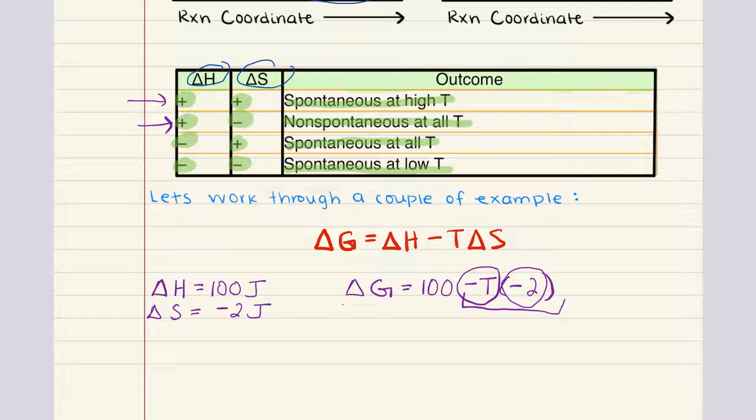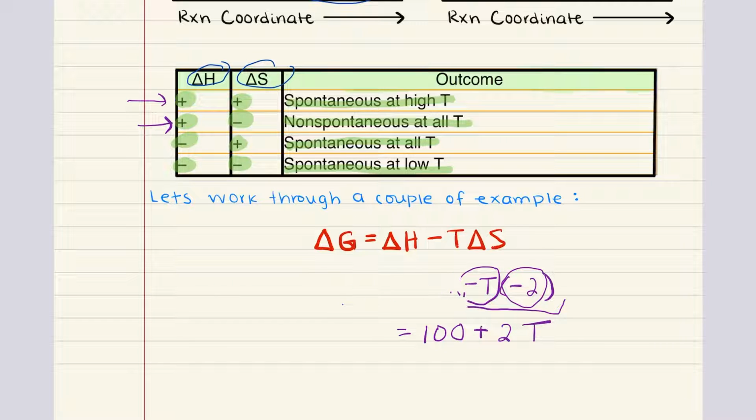Two negatives make a positive, so this equation is 100 plus 2T. There is no value of temperature here that would give us a negative delta G. So when delta H is positive and delta S is negative, the reaction is non-spontaneous at all temperatures.